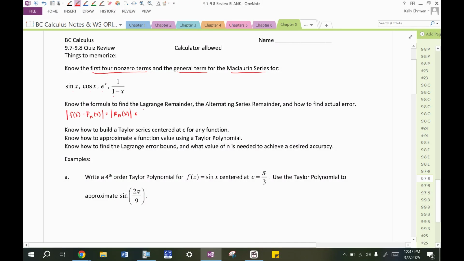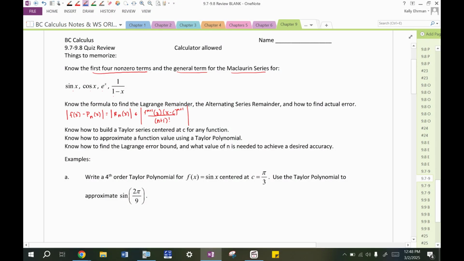For Lagrange, that's less than or equal to the n plus 1 derivative evaluated at z. This will be some max value you have to figure out, times x minus c to the n plus 1 over n plus 1 factorial.